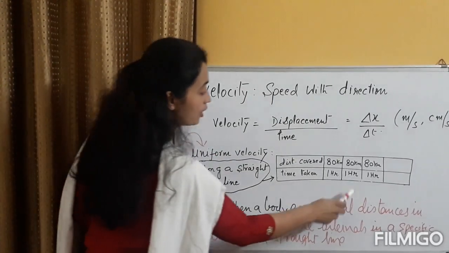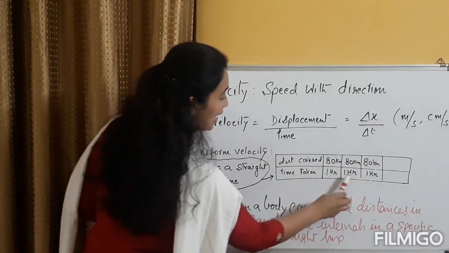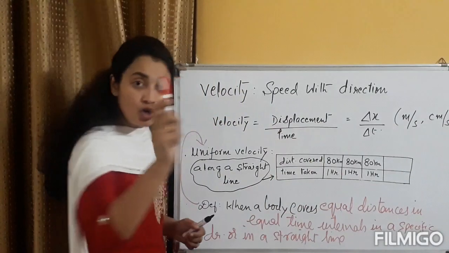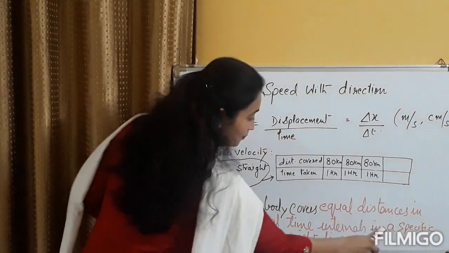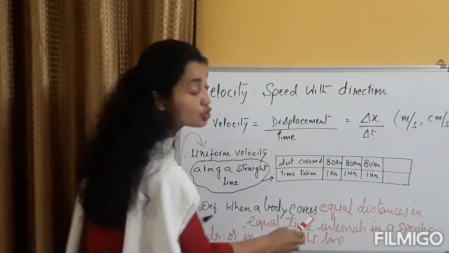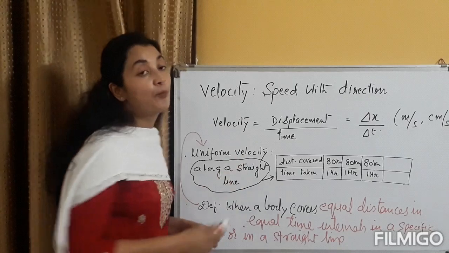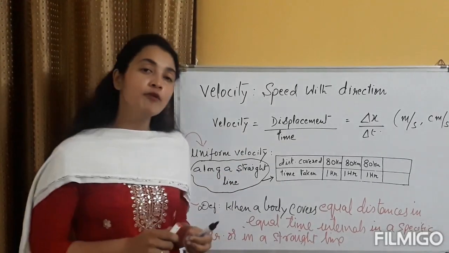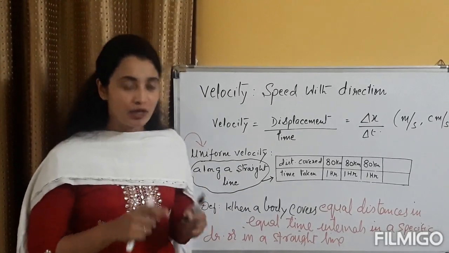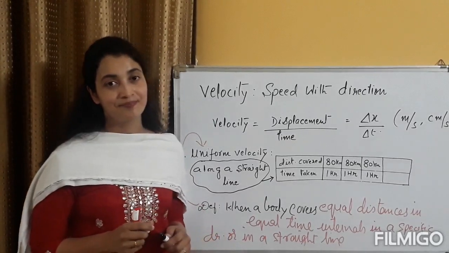Repeating, when a body covers equal distances in equal time intervals, not stopping there, adding in a specific direction or in a straight line, then and only then you say that the body is moving with uniform velocity. Are you ready to move on to non-uniform velocity? Yes.